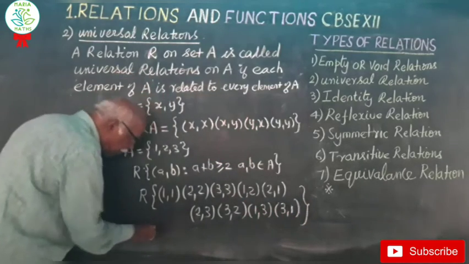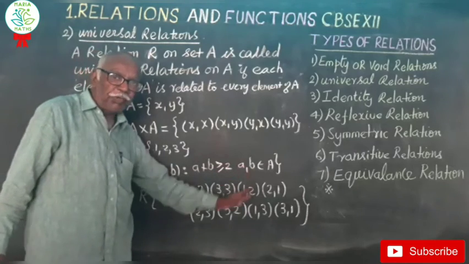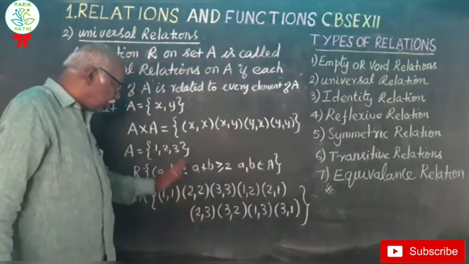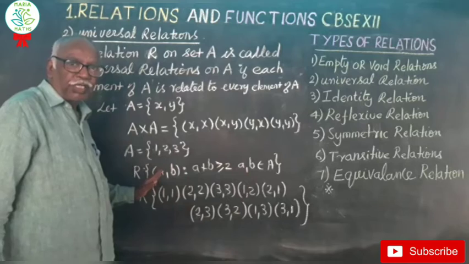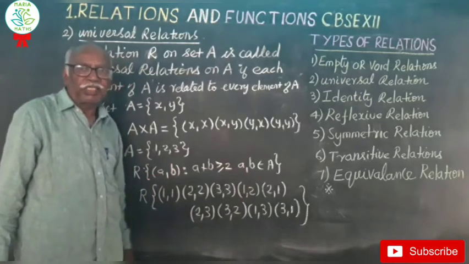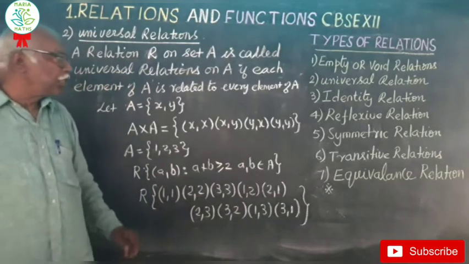There are 9 possible ordered pairs. All possible ordered pairs belong to this relation. Therefore, this relation is known as universal relation.